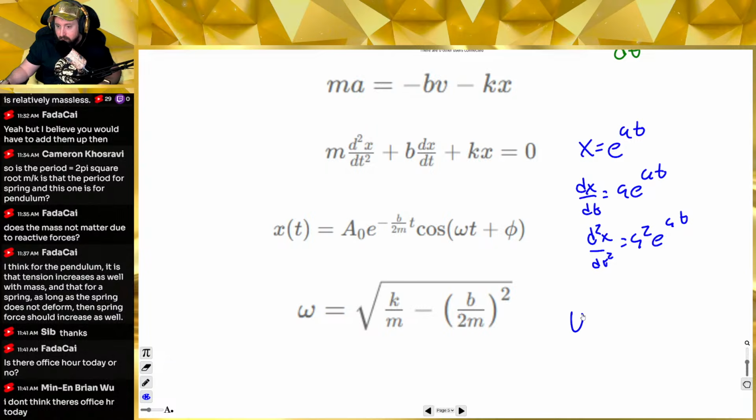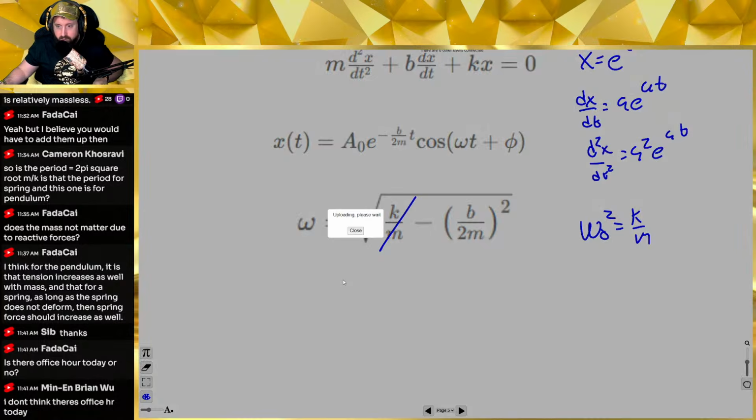You remember how for a regular spring, omega was equal to the square root of k over m, or omega squared was equal to k over m. We end up replacing this k over m with omega naught squared, such that now my equation is just this.